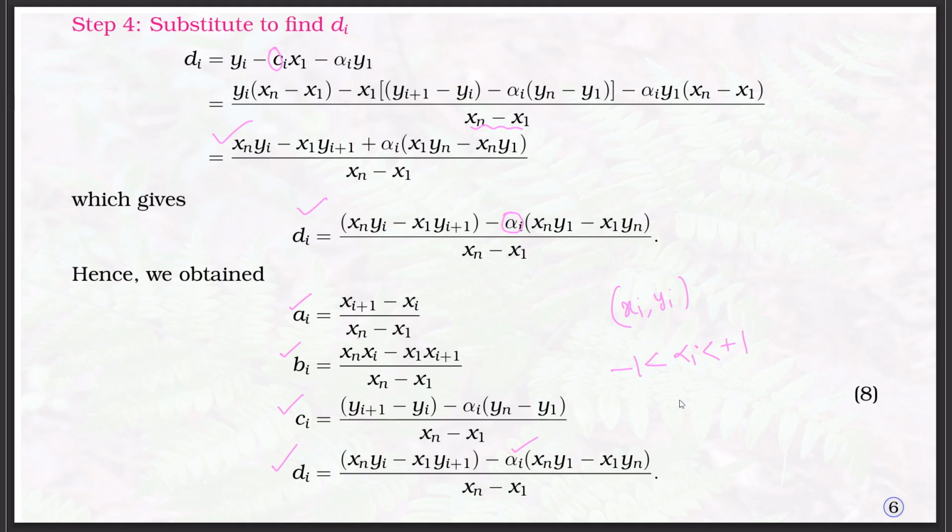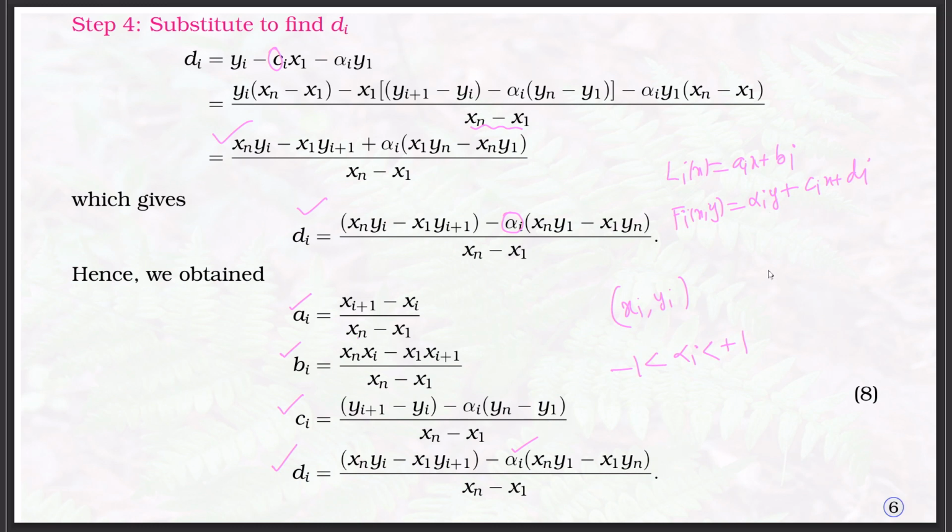Now we are ready to find the fractal interpolation function of the form Li(x) = ai x plus bi, and Fi(x, y) = alpha i times y plus ci x plus di. Now depending on the a, b, c, d, one can get the iterated function system in each interval.